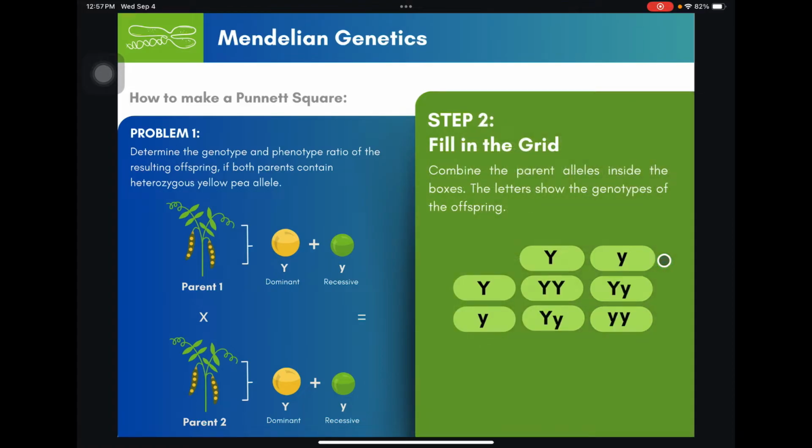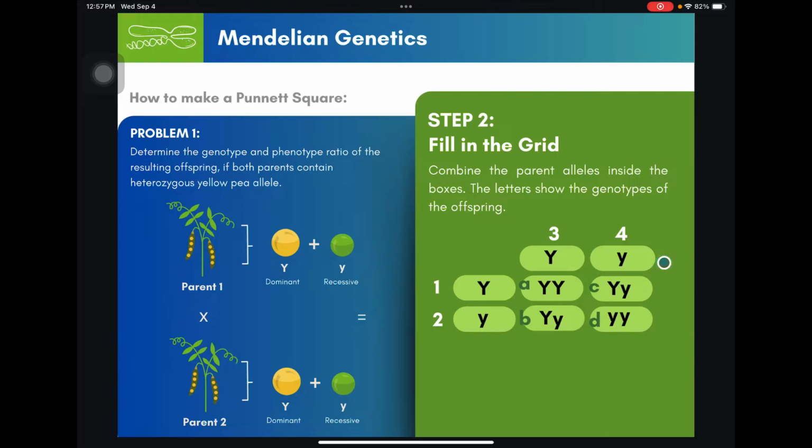Step 2 is basically to fill in the grid. Just combine the parent alleles from both of these grids and you will be able to come up with a genotype and phenotype ratio. But for the purpose of this lecture, I assigned numbers and letters in each box, as you can see.